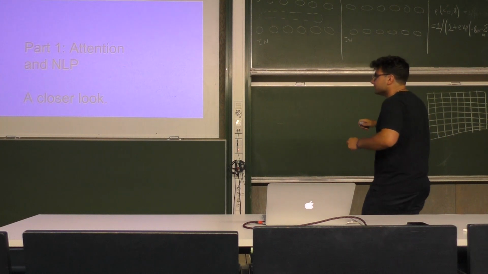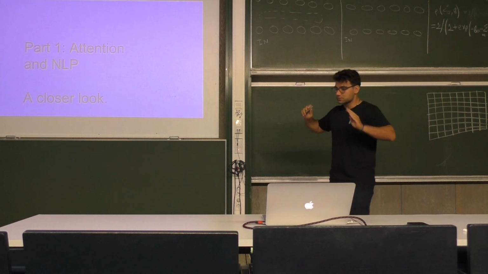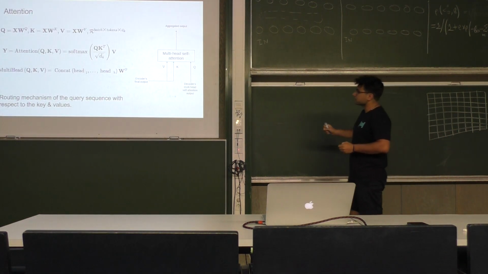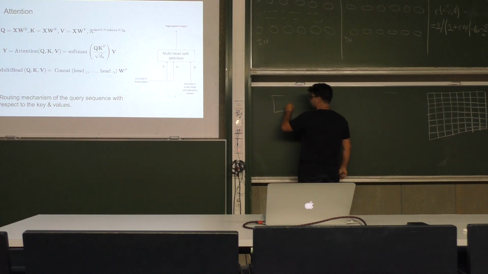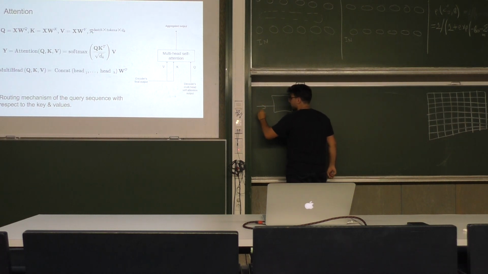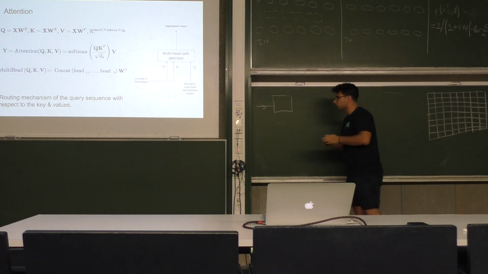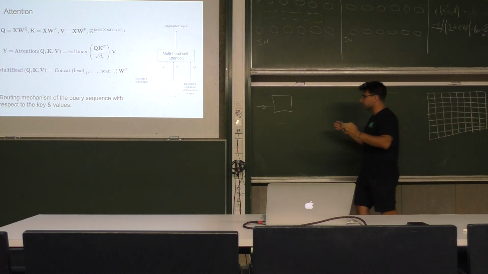But before anything, we just need to take a small recap and focus on attention because it will be the core part we will analyze today. So for the transformer, you should always think of a three-dimensional tensor.